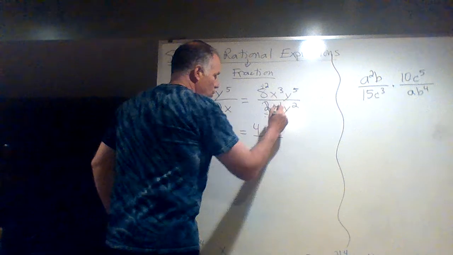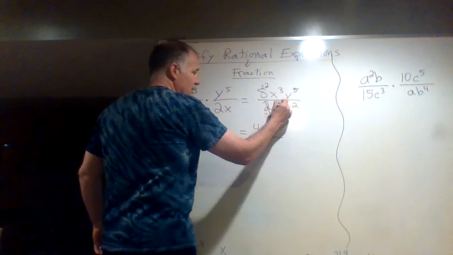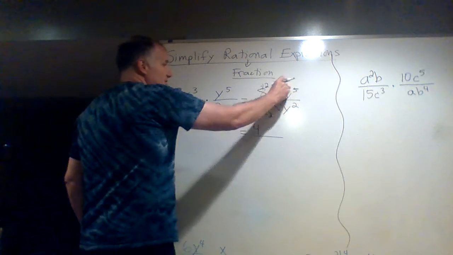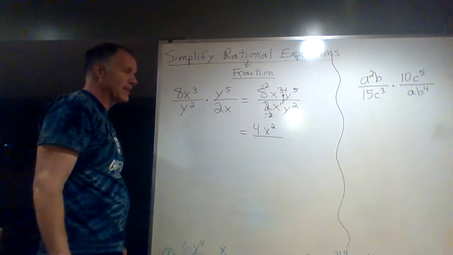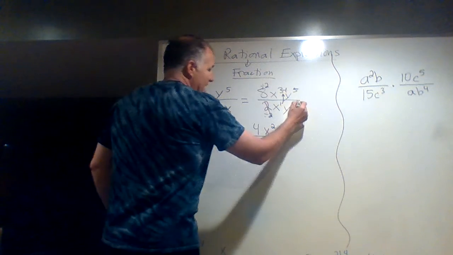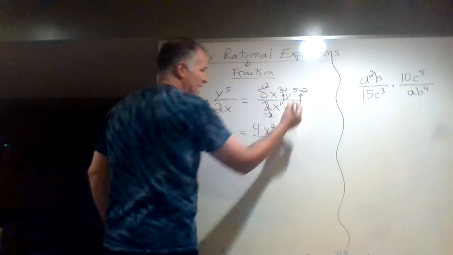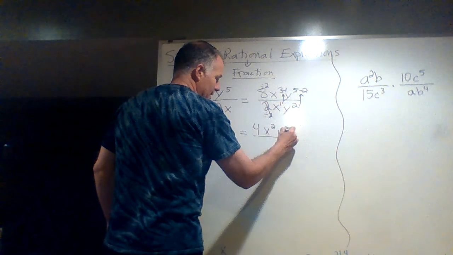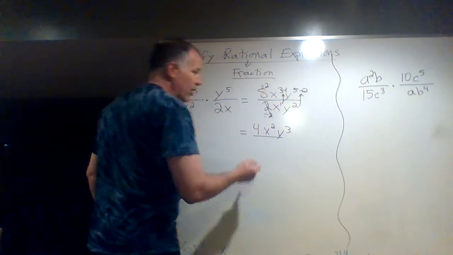Again, x1, I don't have an exponent on that x. x1 goes up and subtracts from x3 in the numerator. 3 minus 1 is an x2. And then the 2 on the bottom goes up and subtracts from the 5. 5 minus 2, y3. And actually, I don't need that 1 on the bottom at all.